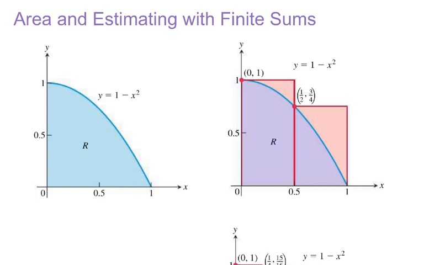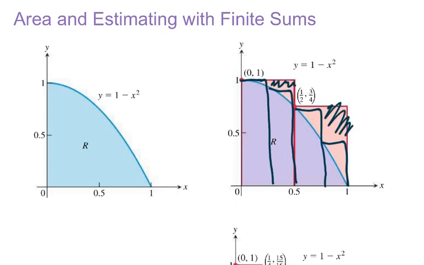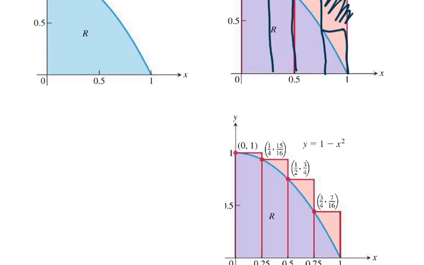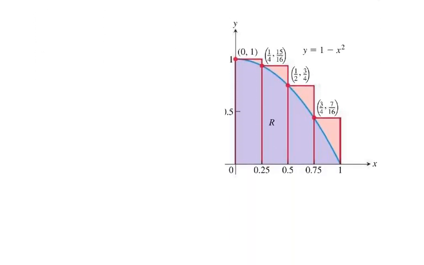And so if I made those rectangles with different endpoints, and maybe I had 4 of them, all of equal width, I'd end up with these 4 rectangles, and we'd be cutting out some of that area that we overshot there. So I've got a better picture of what we're looking at here.